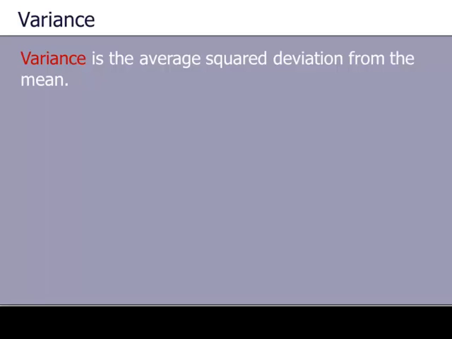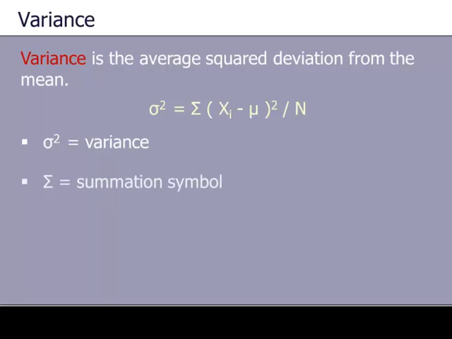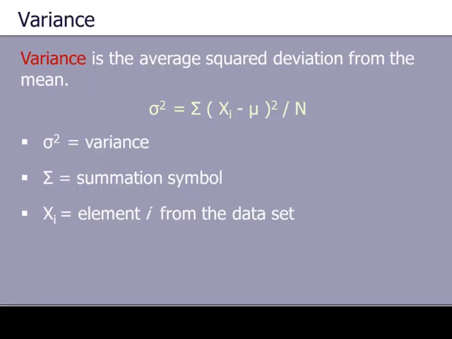Variance is the average squared deviation from the mean, and it can be calculated from the following formula. The notation used in this formula shows up again and again throughout this course. Variance is represented by lowercase sigma squared. Capital sigma is the summation symbol. X sub i stands for the ith element in the data set.